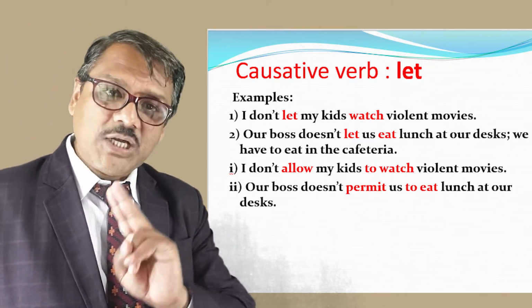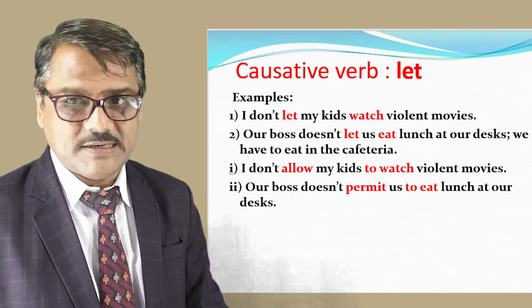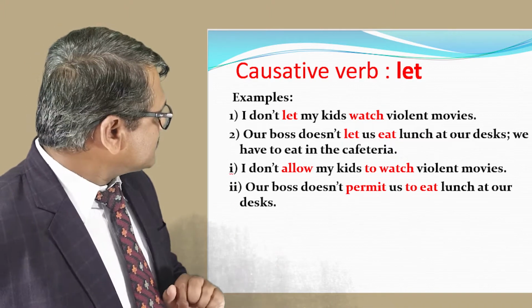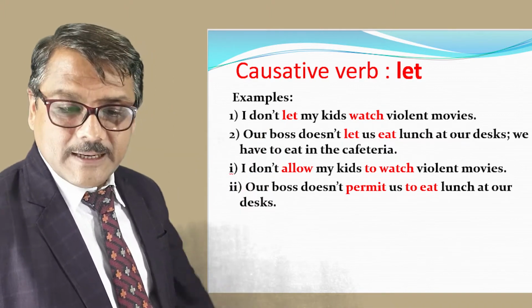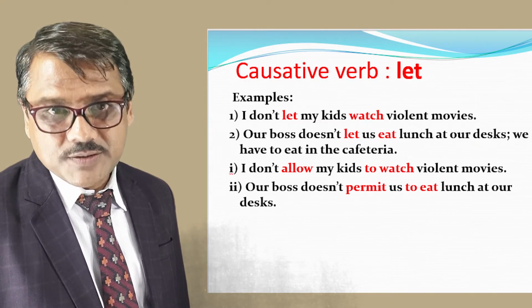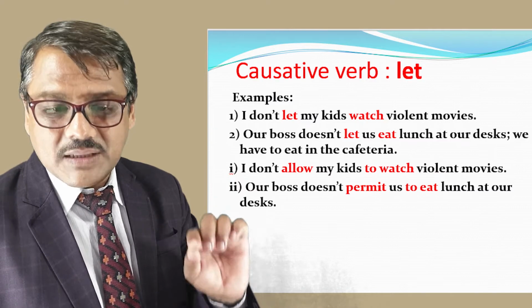But there is something different in the structure. What is the difference in the structure? Can you notice it? In the first sentence, point one, look at there. I don't let my kids watch violent movies. The same thing can be said in another way.